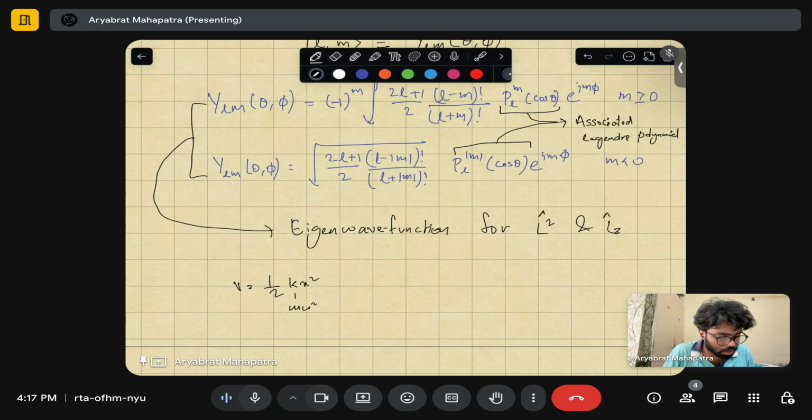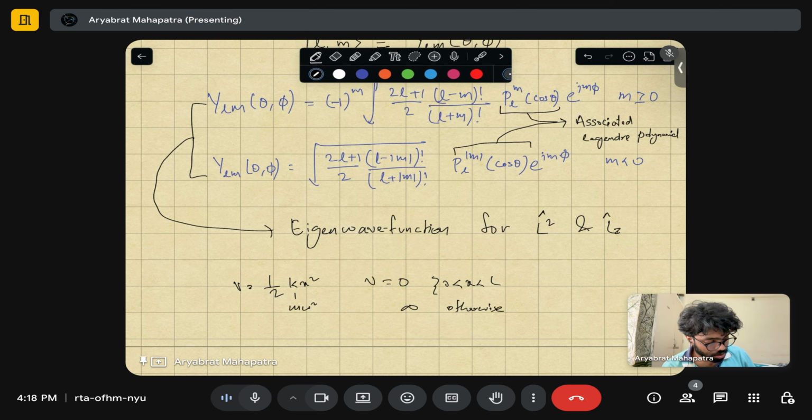You have also solved some systems where V is zero, like a free particle, or an infinite well potential, where the potential is infinite throughout space other than a small region from zero to L where it is zero.